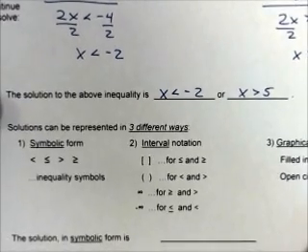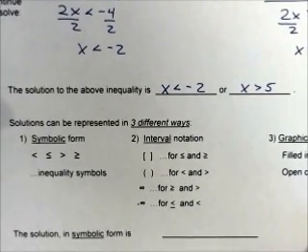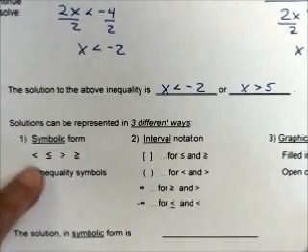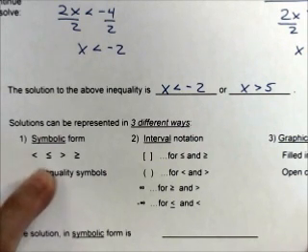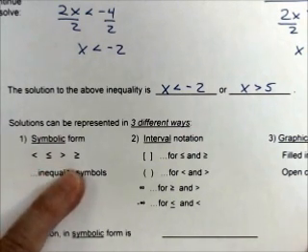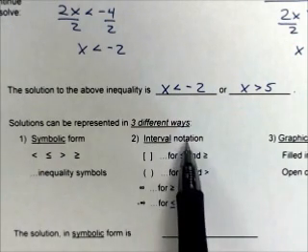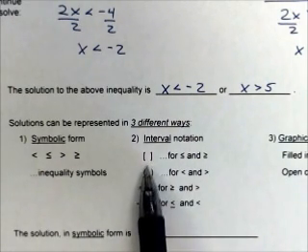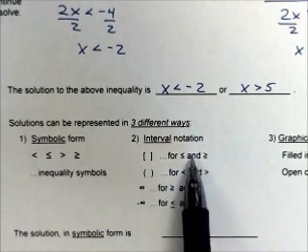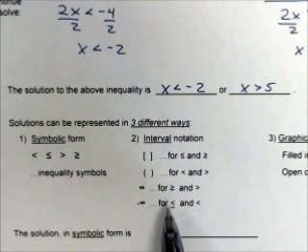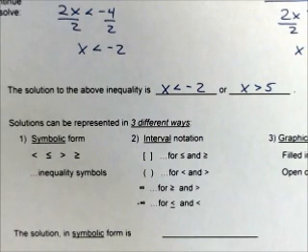Now, solutions can be represented 3 different ways. Symbolic form, that's using the inequalities less than or equal to, greater than or equal to. Interval notation, close bracket, is for less than or equal to and greater than or equal to. The open parentheses for less than or just greater than.